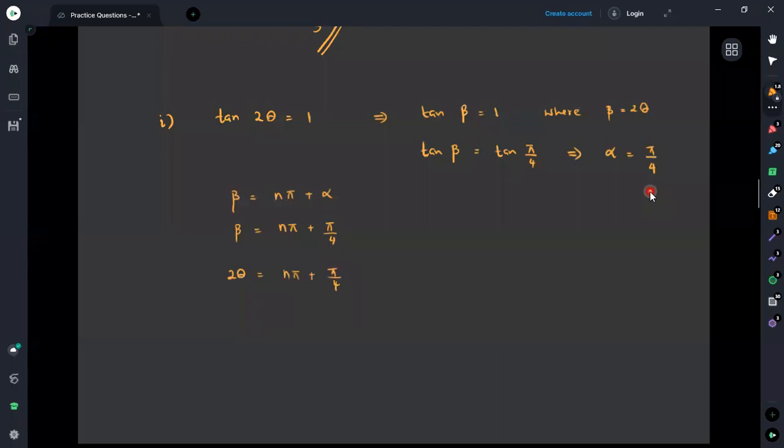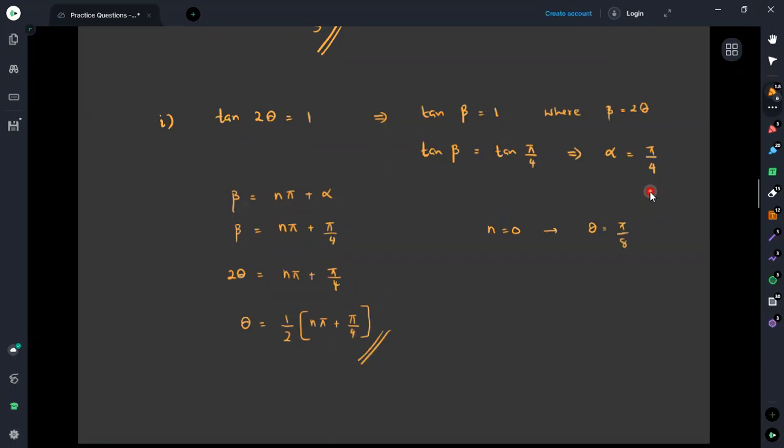Therefore, we can take out the value of theta, which is equal to half times the quantity n times π plus 5π divided by 4. Now, substituting the values of n, if n is equal to 0, then we get theta equal to 5π divided by 8.